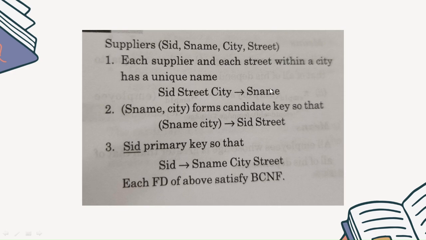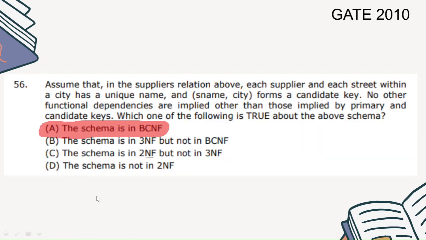Therefore, SID, street, city implies S name. S name, city forms a candidate key, so that S name, city implies SID, street. SID is a primary key, so that SID implies S name, city, street. Therefore, each of the functional dependencies shown above satisfies BCNF. Therefore, the answer would be A. The schema is in BCNF. Let's move to the next question.